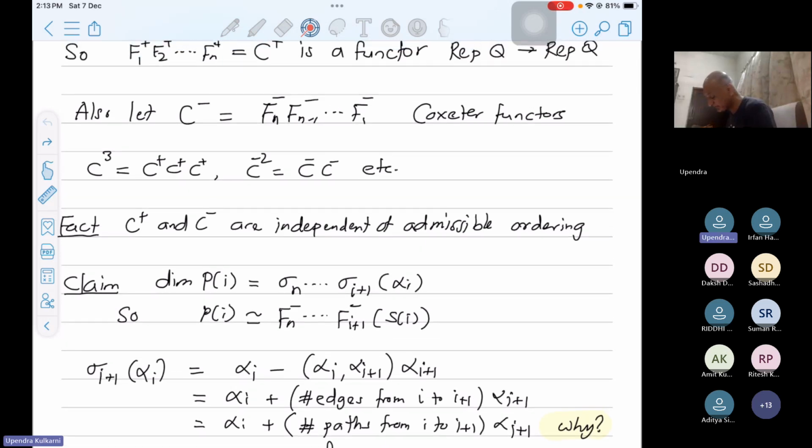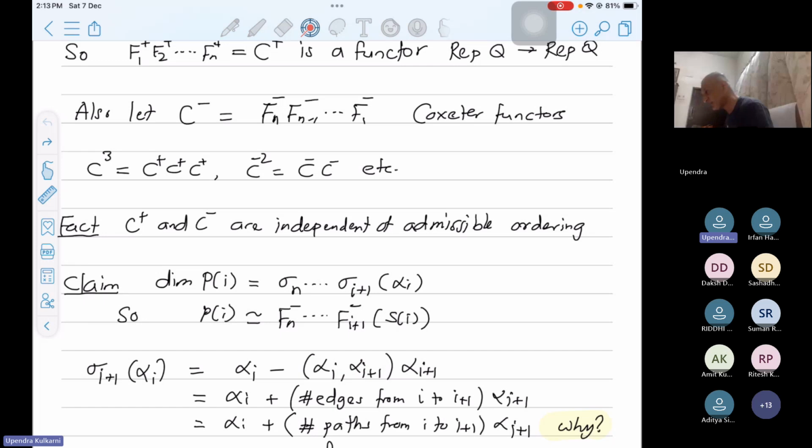So I take this alpha I and I apply sigma I plus 1 to that. So I know the formula. The vector stays unchanged and I subtract from it the bilinear form evaluated on I plus 1 along with the vector to which I'm applying the sigma I, and then I put alpha I plus 1 because that is the reflection that I'm applying. Okay. All right. Nice and good. So what is the bilinear form evaluated on?